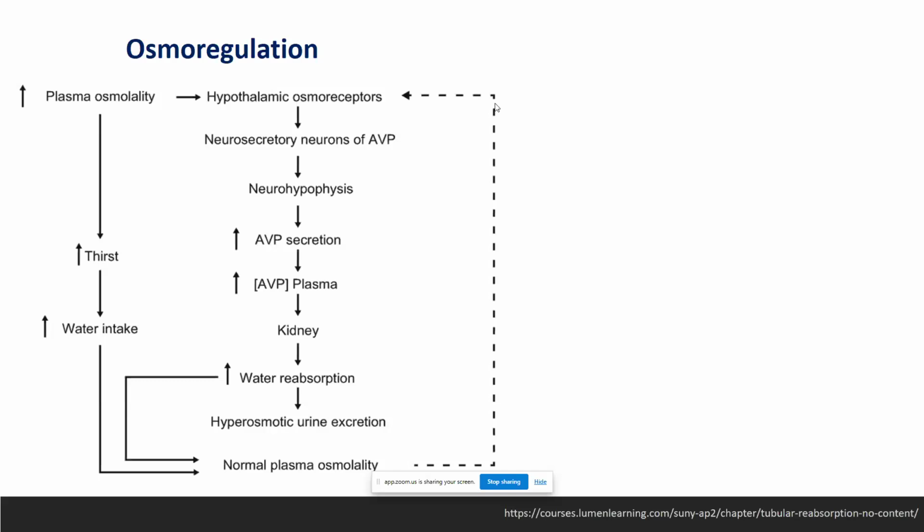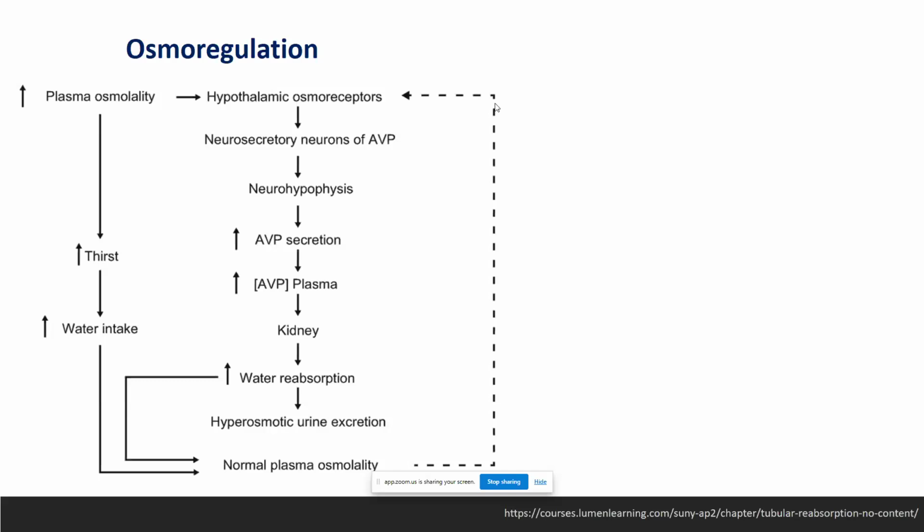In normal physiology, increased osmolality in the blood will stimulate the secretion of antidiuretic hormone, ADH or AVP. With mild dehydration, plasma osmolality rises slightly, and this increase is detected by osmoreceptors in the hypothalamus, which stimulates the release of ADH from the posterior pituitary. This will result in increased water reabsorption, more concentrated urine, and less concentrated blood plasma.